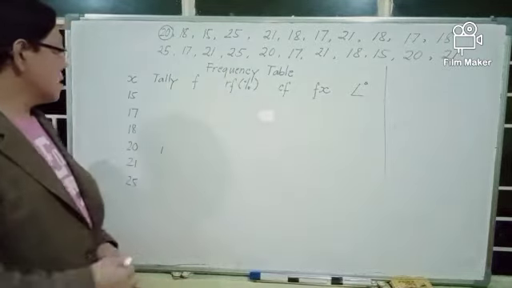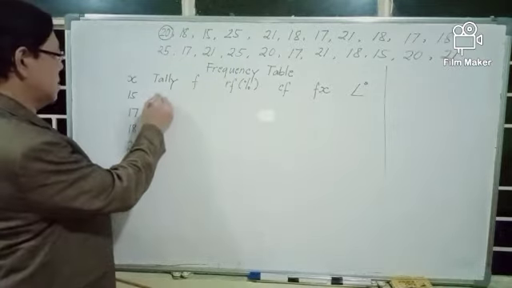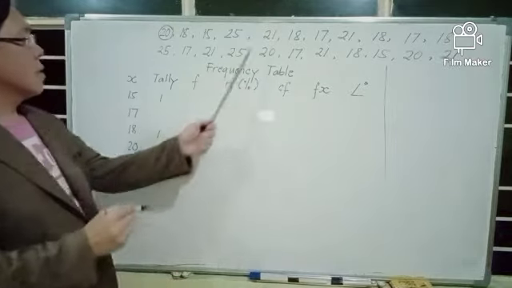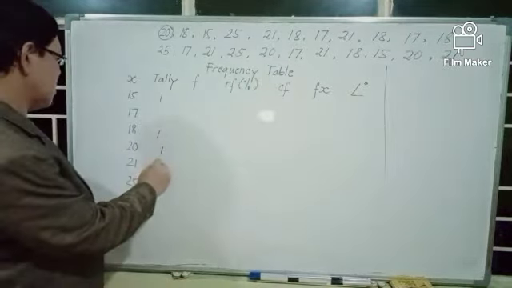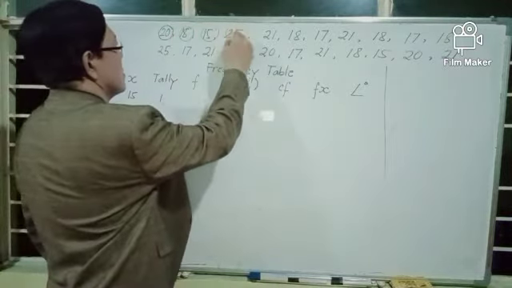Next we have 18, one tally, 15, one tally, 25, 21, one tally. So these scores have been tallied.